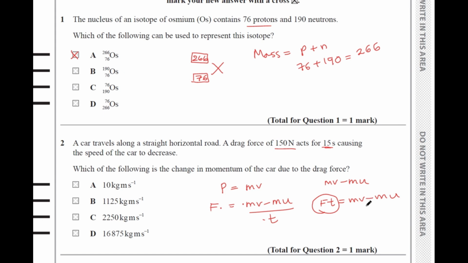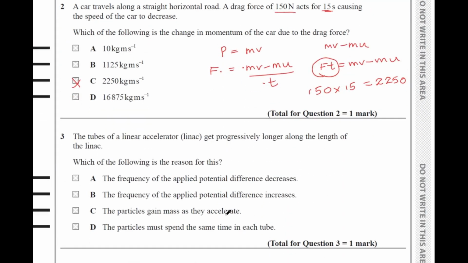So we don't have to have mass and velocity of the object to calculate change in momentum. If you have been given the force exerted on that object and the time in which that force was exerted, you can easily calculate the change in momentum. So 150 multiplied by 15 is the answer, 2250. Answer is C.